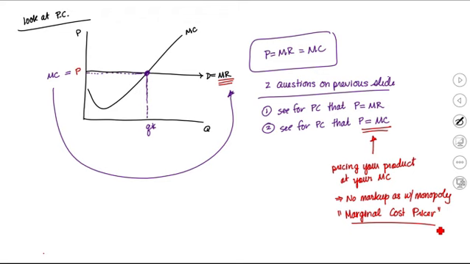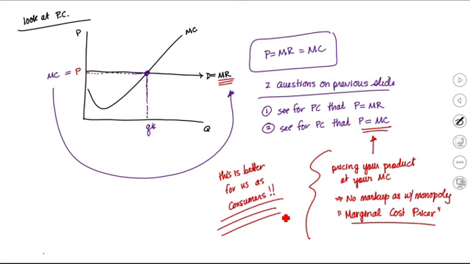But from the perspective of consumers, do we agree? We're probably getting better prices under competition. So let's make a note that this is better for us as consumers. Right? It's better for us as consumers.